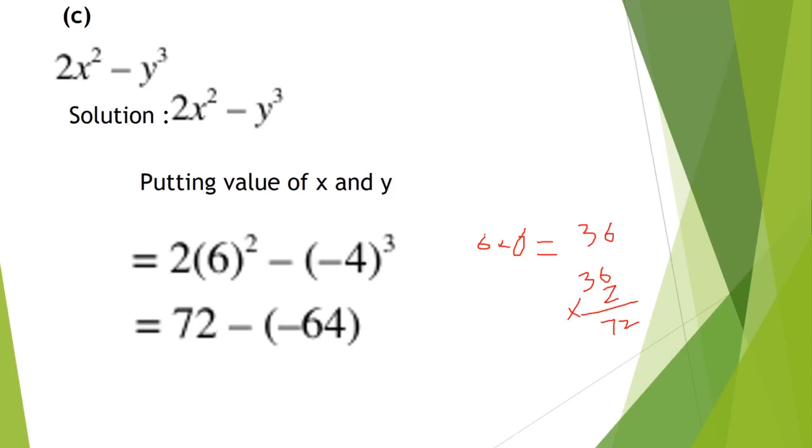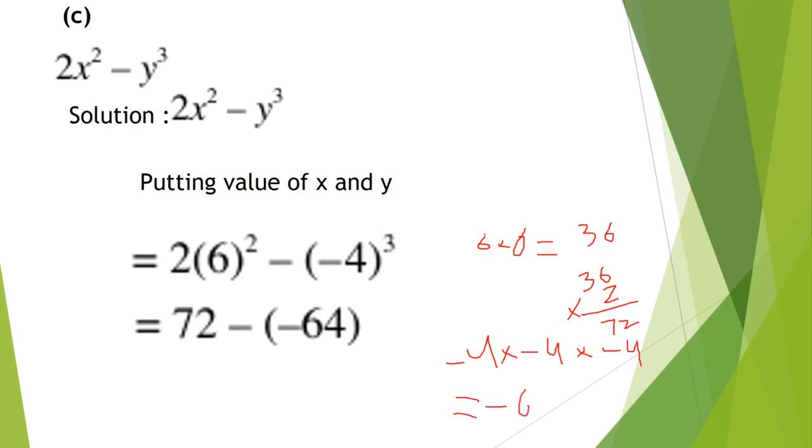And next, minus 4 cube means minus 4 multiplied 3 times with itself. Minus 4 multiplied by minus 4 multiplied by minus 4.